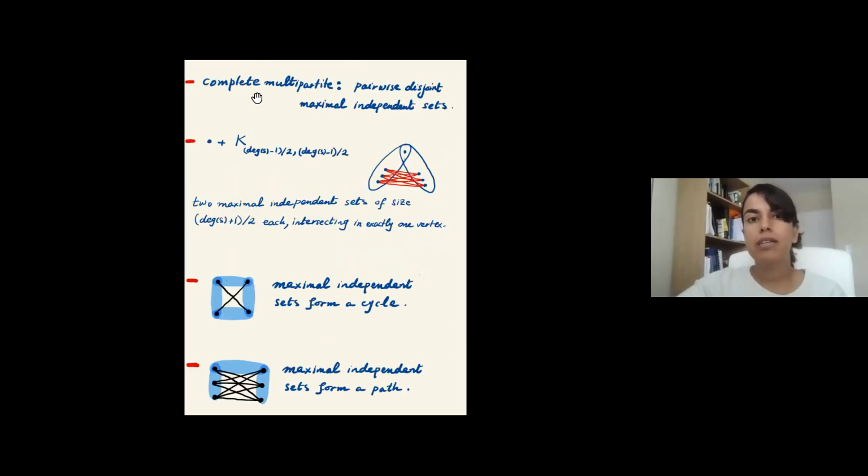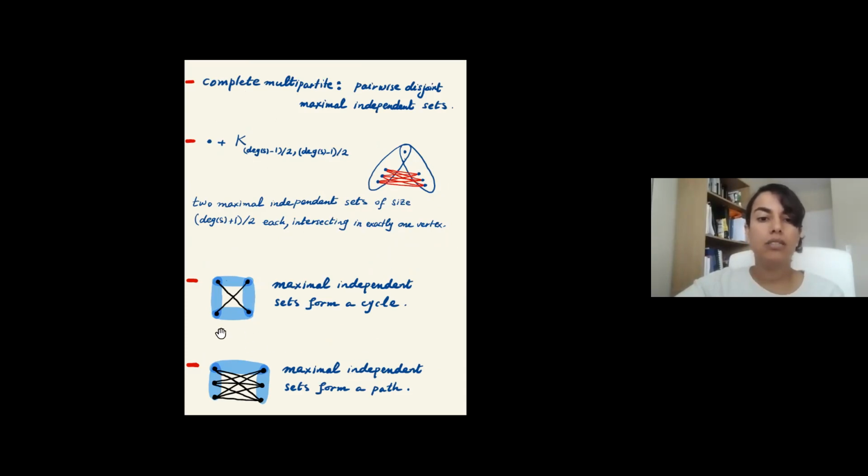Complete multipartite means that maximal independent sets are pairwise disjoint. This isolated vertex plus complete bipartite means I have two maximal independent sets that intersect in exactly one vertex, and they are both big, of size almost half the degree.